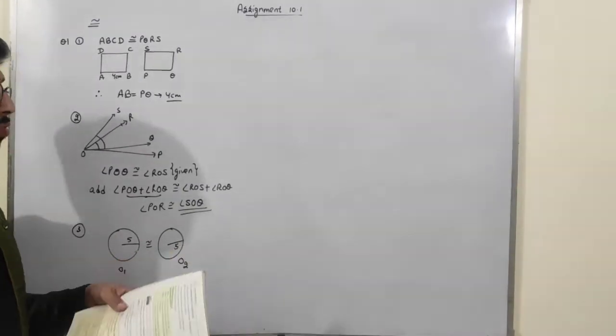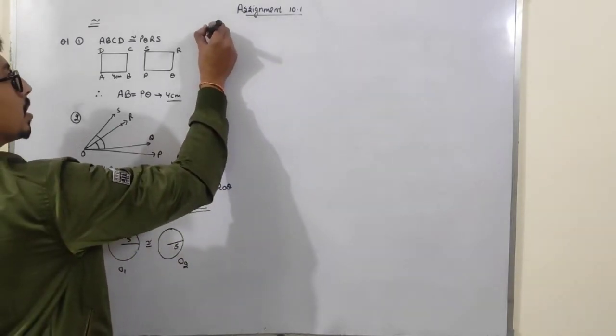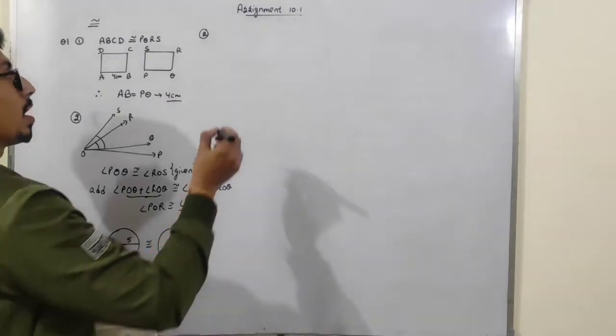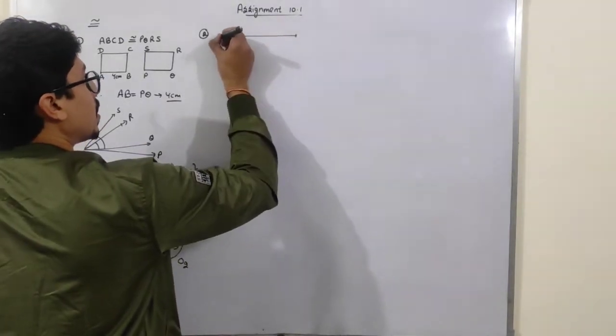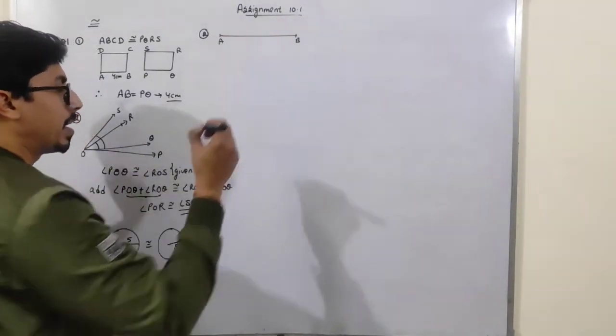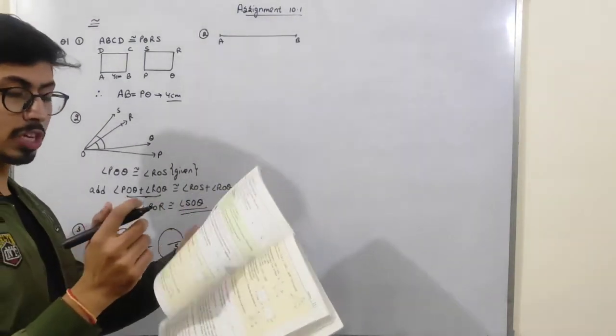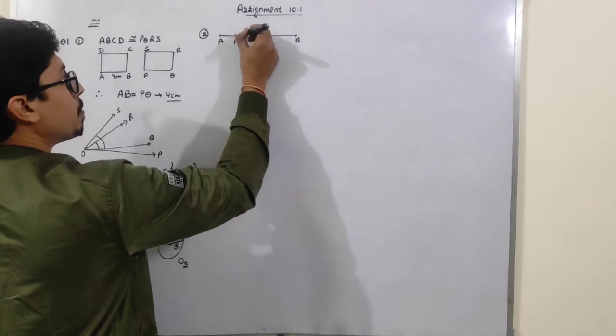Now see students, question number second. What is asked in question number second? On a line AB, take 4 points P, Q, R, S such that PQ is equal to RS.